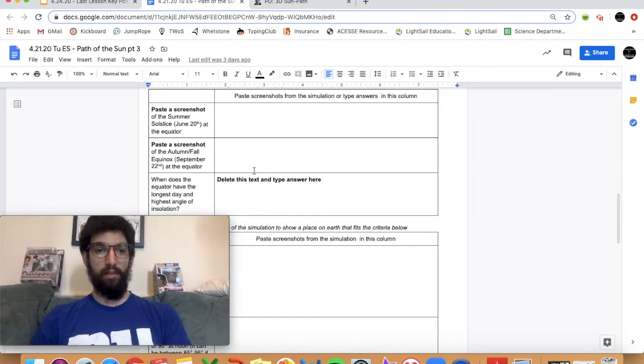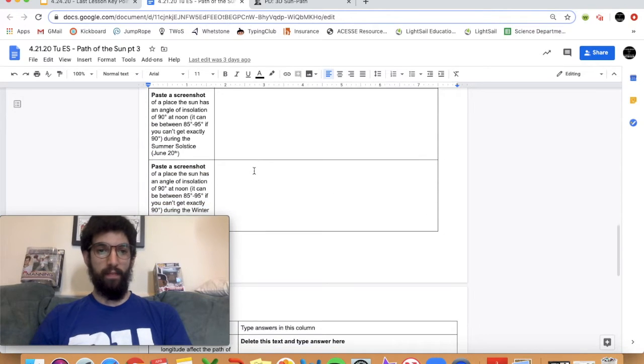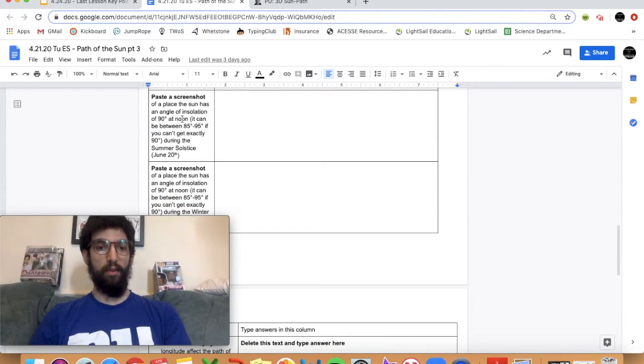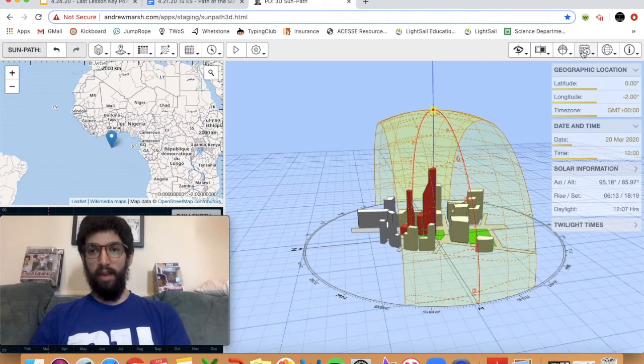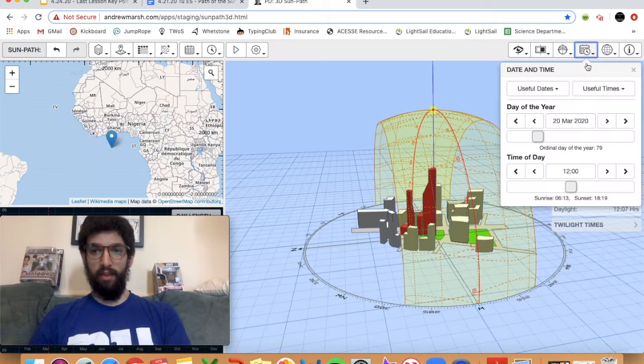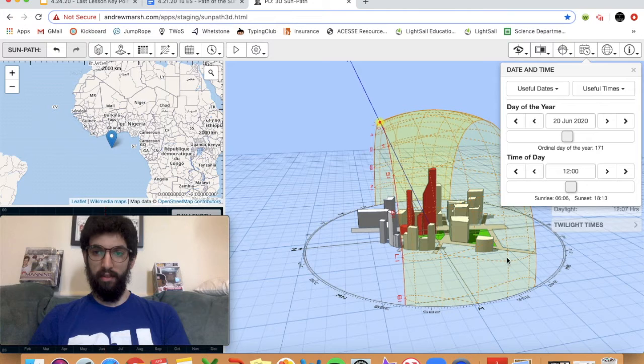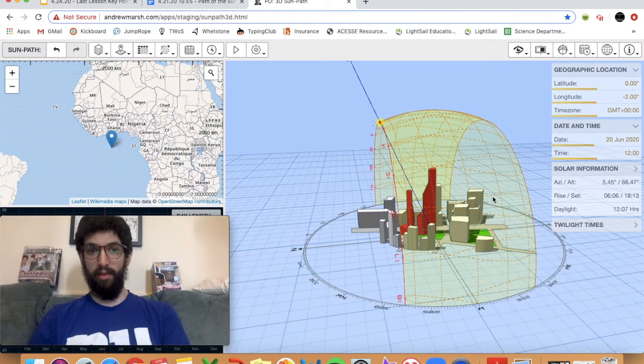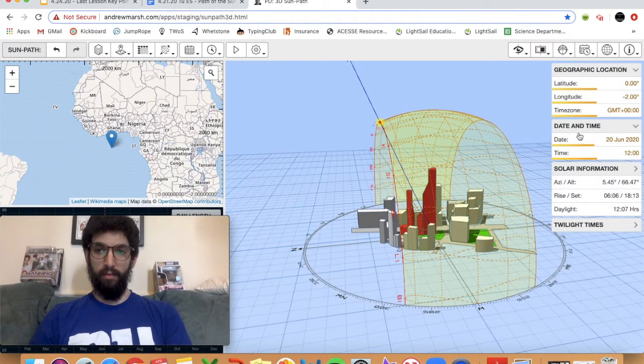Then going to the next part, where you wanted to find a 90-degree angle of insolation on the summer solstice and the winter solstice. What you do for that is first you set your date. We're going to change it to the summer solstice, where again the equator has a shorter day. All we're going to do is change our latitude.